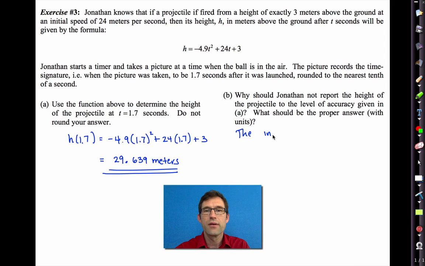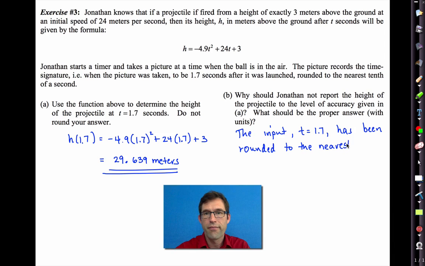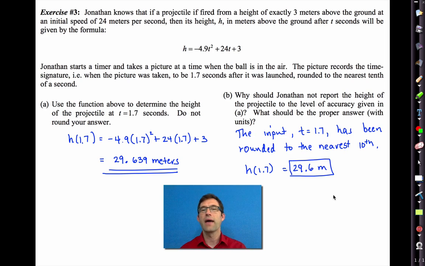The input, t equals 1.7, has been rounded to the nearest tenth. All right, and because of that, we should not have our output rounded to anything more accurate. So I'm going to say my output should be 29.6 meters.